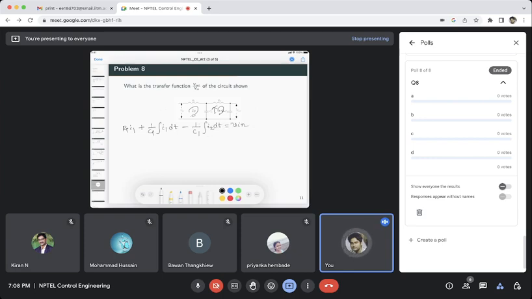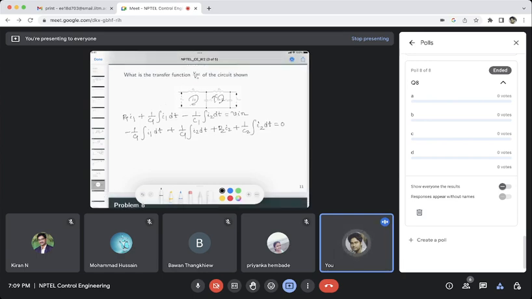And the second equation will be minus 1 by C1 integration of I1 dt plus 1 by C1 integration of I2 dt plus R2 I2 plus 1 by C2 integration of I2 dt equal to 0. That is the second loop. We take the Laplace transform of both equations.